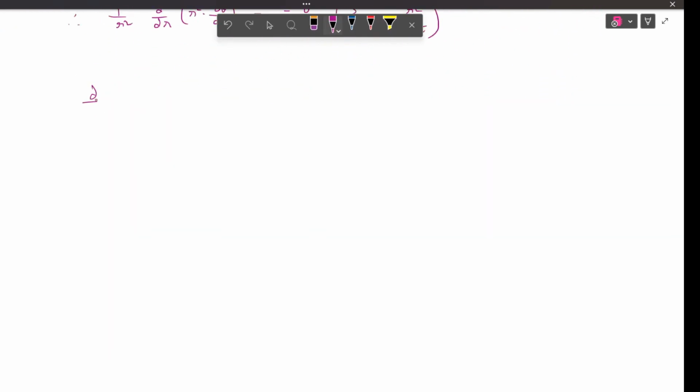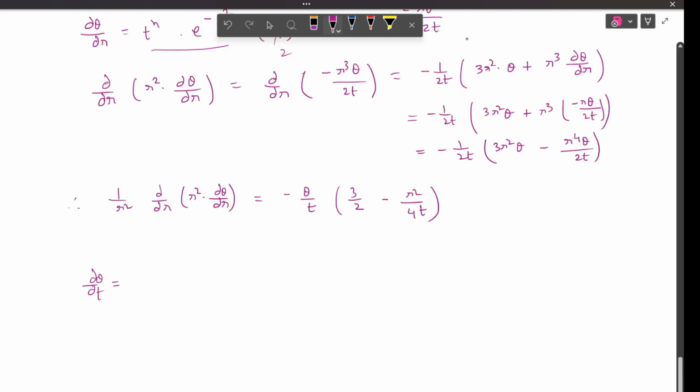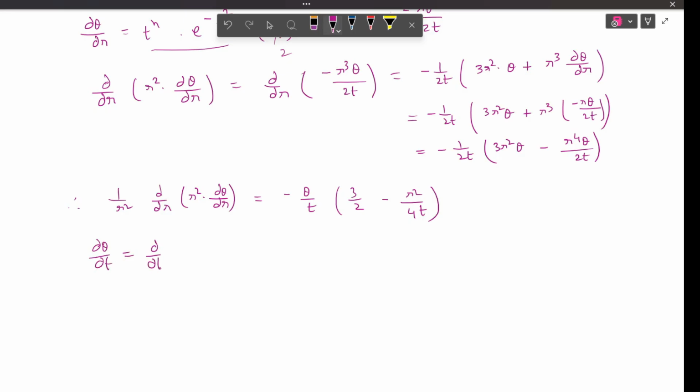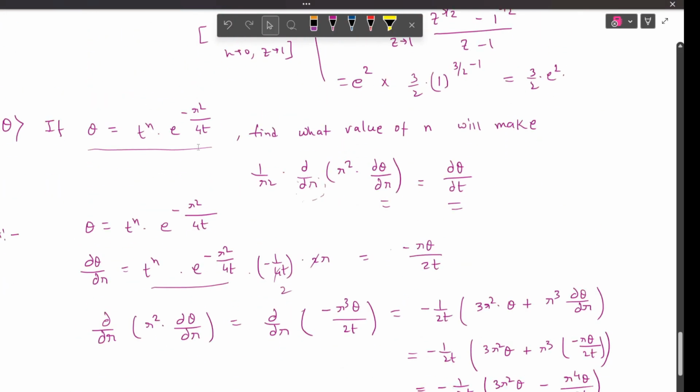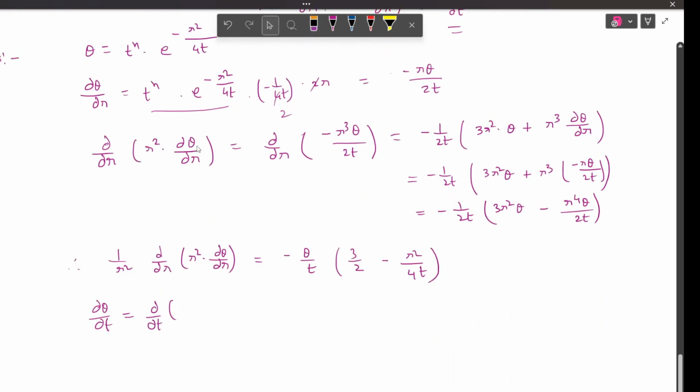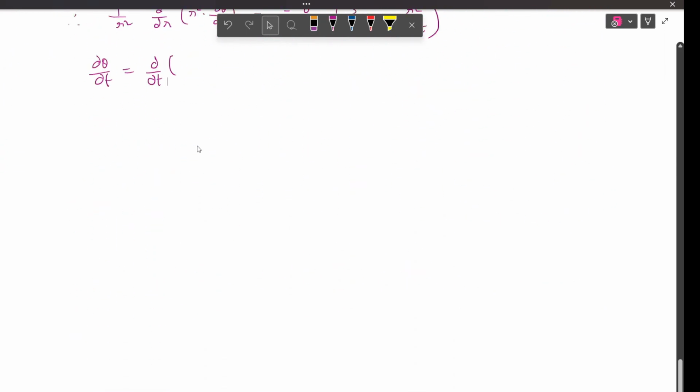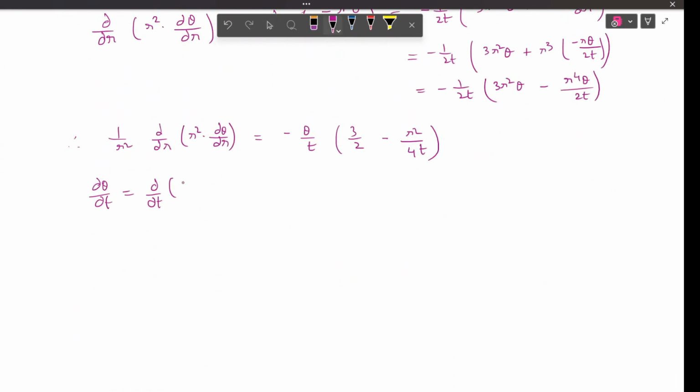Del theta upon del t would be del t of the given function, that is t to the power n e to the power minus r square by 4t.